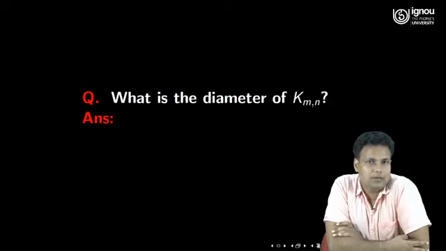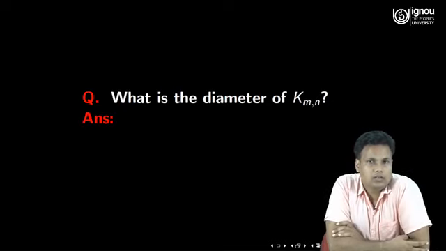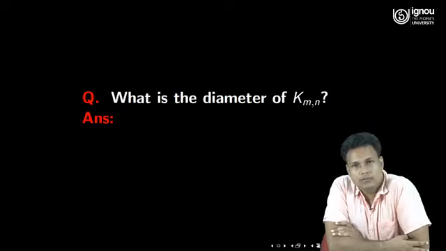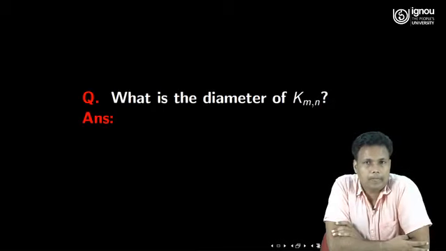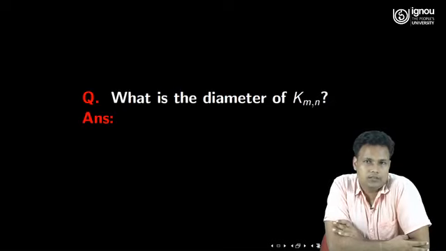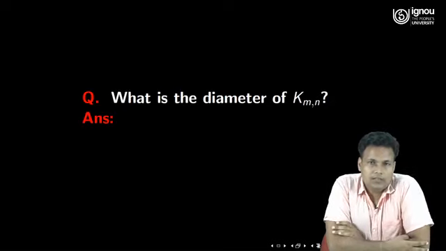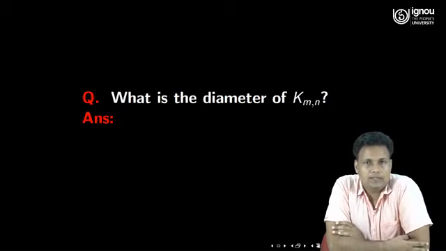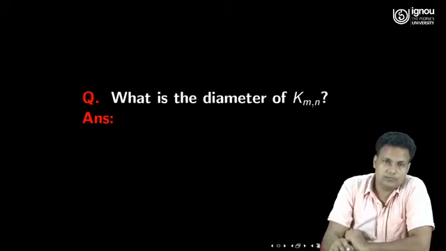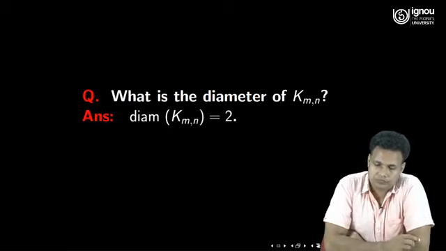When they are in the same partite set, they have a common neighbor, which lies in the second partite set, and in that case the distance between them becomes 2, right? Or in the second case, if the two vertices lie in distinct partite sets, then they must be adjacent. So the distance between them is 1 in this case. In any case, the distance between any two vertices is at most 2, and therefore the diameter of K_{m,n} is 2.